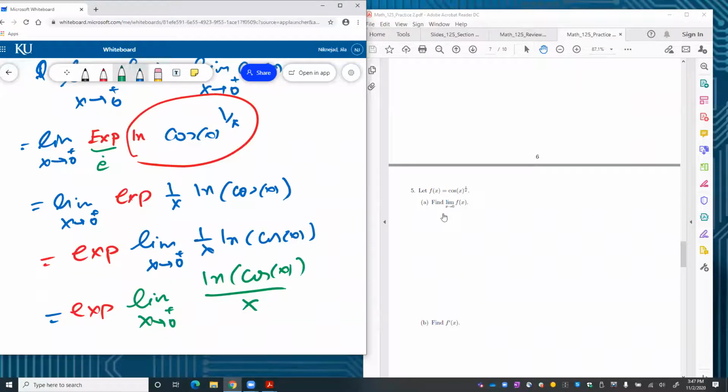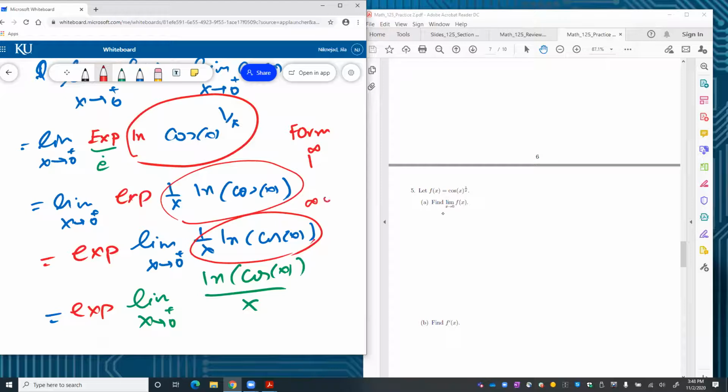So let me see. In here was one form, 1 to infinity, which was an indeterminate form. Right here is infinity times 0.